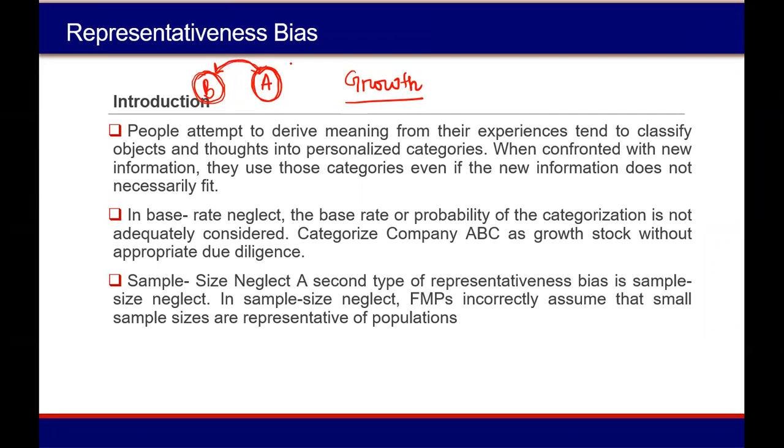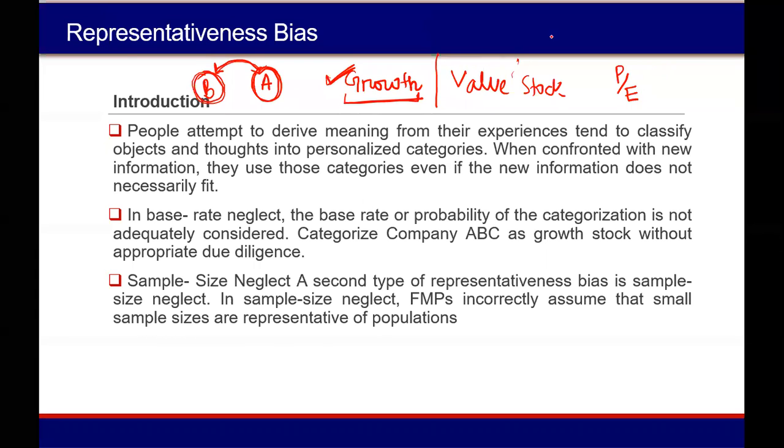In the valuation we do that, but when you are making categorization into growth stock and value stock, how do you categorize them? If you have the information of price to earnings ratio, which stocks will be in the growth stocks, which stocks will be in the value stocks?